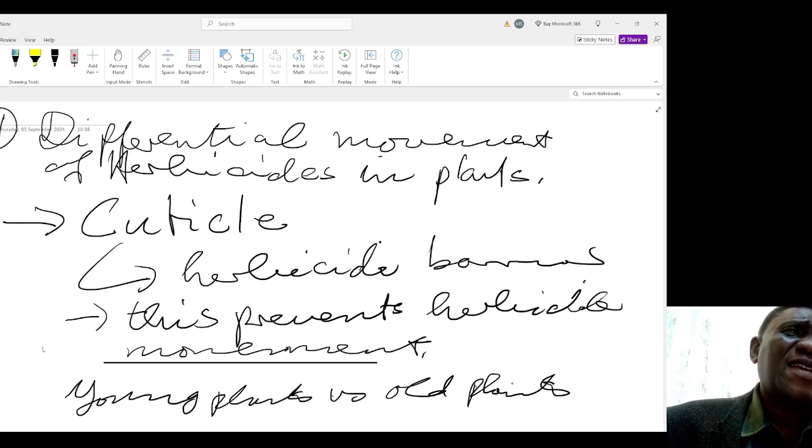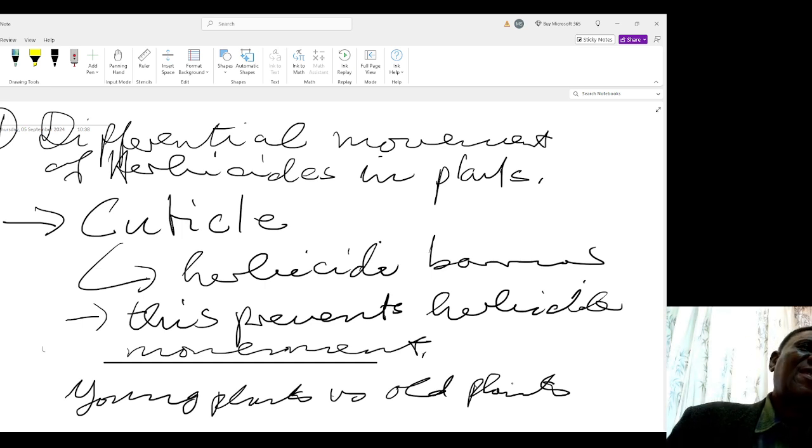This is why we say that young plants are easily susceptible to herbicides, whereas old plants can actually resist these herbicides.